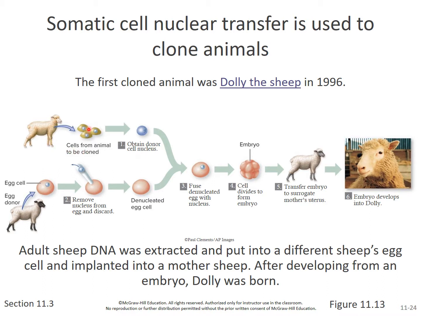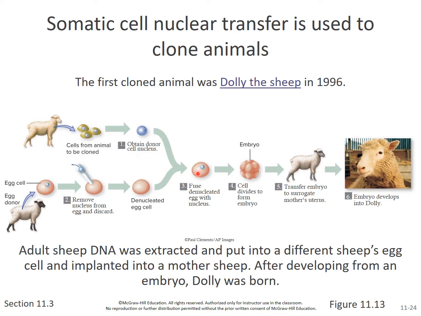You take the nucleus out of that cell and you put it in this denucleated cell. So you have the emptied egg of one sheep, and the nucleus of the somatic cell of another sheep, and you're fusing them together.